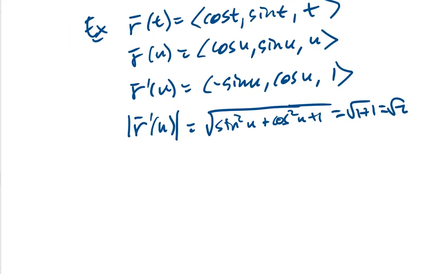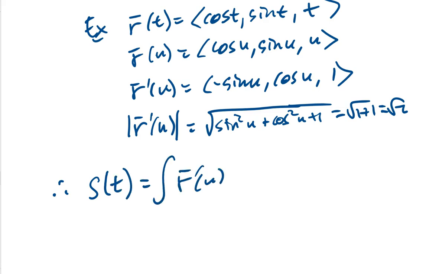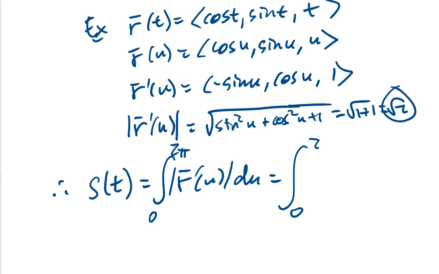So therefore, s of t is the integral of the length of r prime of u, from 0 to 2 pi, du. We found square root of 2, so it's the integral from 0 to 2 pi of square root of 2 du.